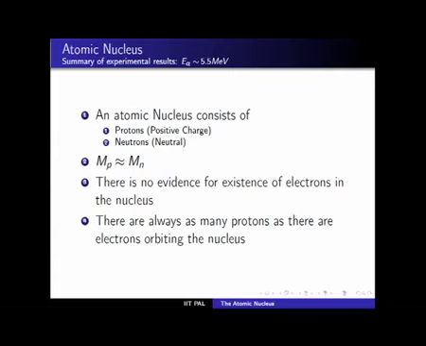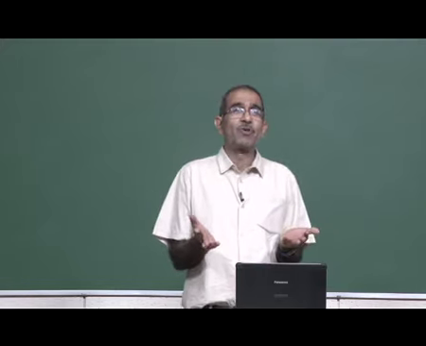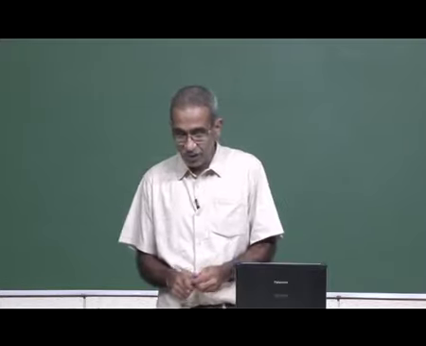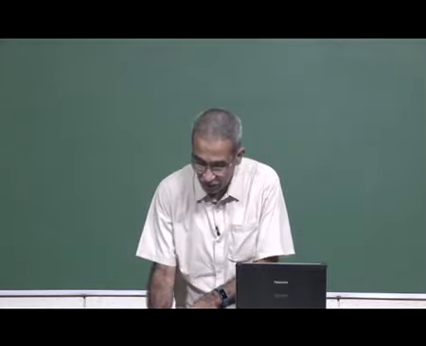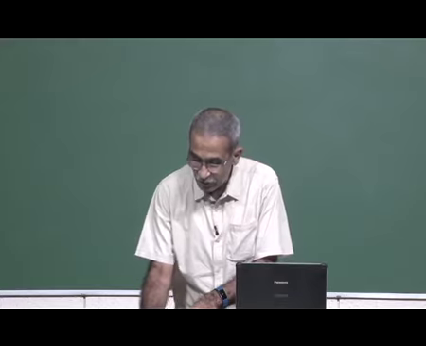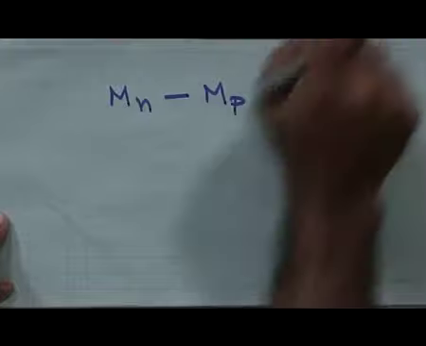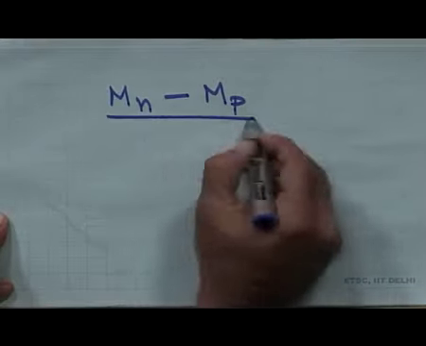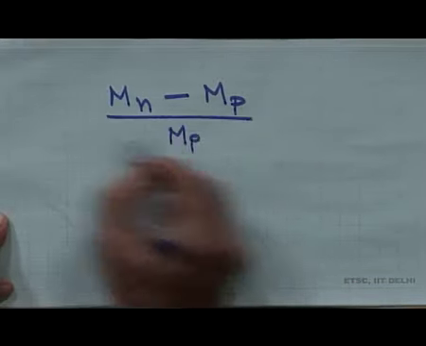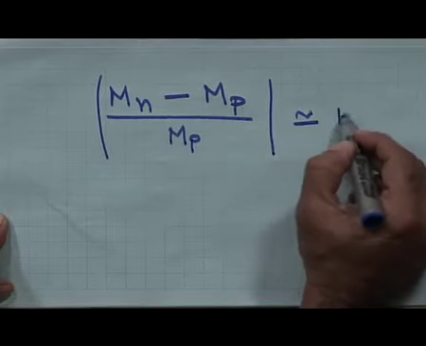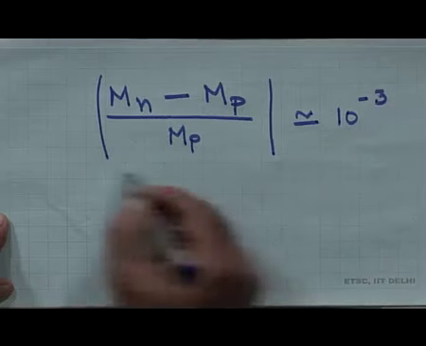The mass of the proton is roughly the same as the mass of the neutron. In fact, the mass difference between them is 1 part in 1,000. So if I were to write it, I would write: the modulus of the mass of the neutron minus the mass of the proton, divided by the mass of the proton, is of the order of 10 to the power of minus 3.